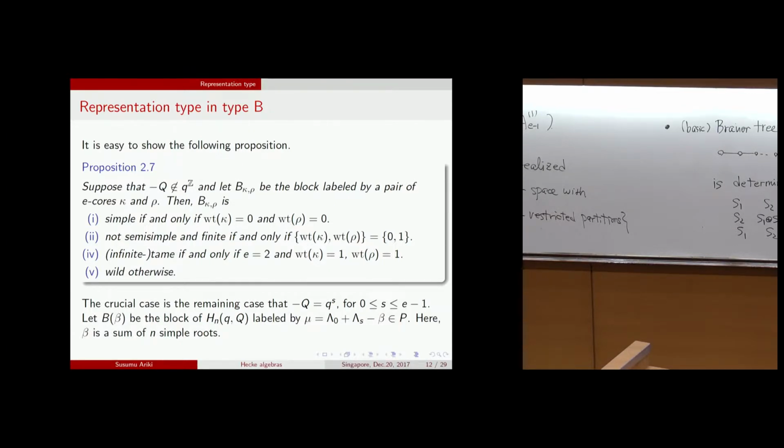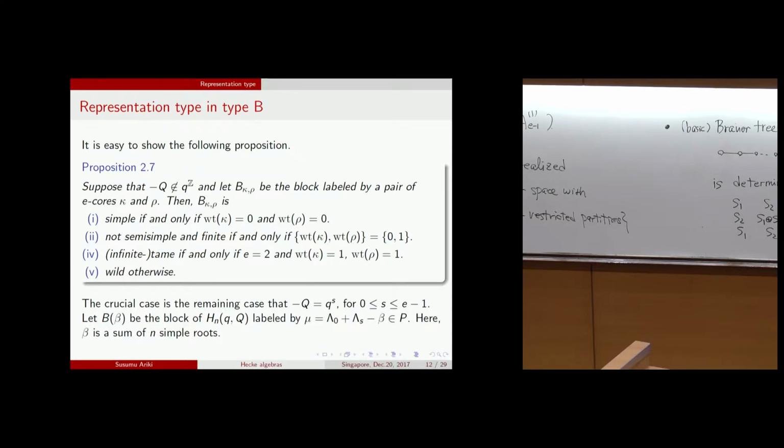And then, as I stated, blocks are labeled by a pair, say, kappa and rho. Then this block is simple if and only if weight kappa and weight rho is 0, and not semi-simple and finite if and only if these two numbers are exactly 0 and 1. So they cannot both be 0, cannot both be 1.